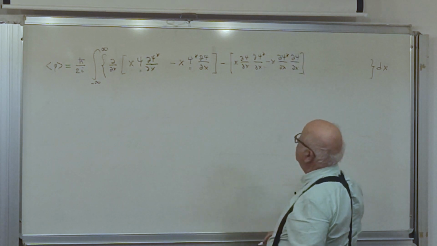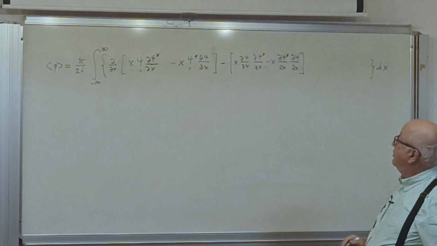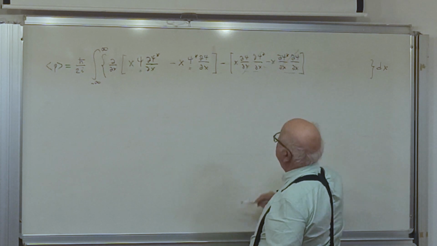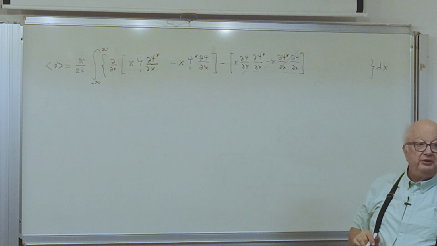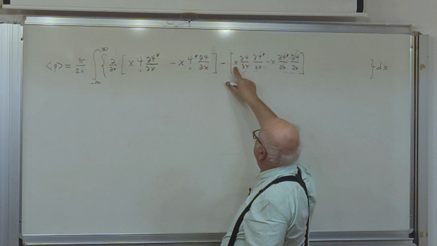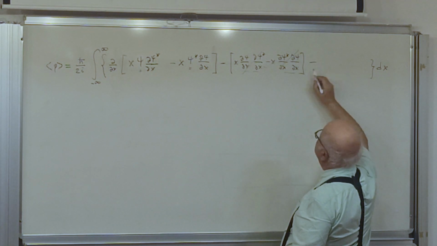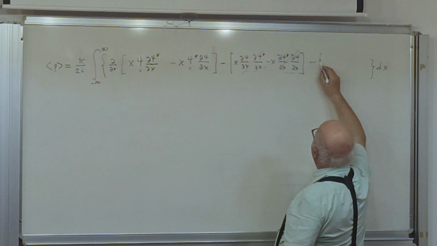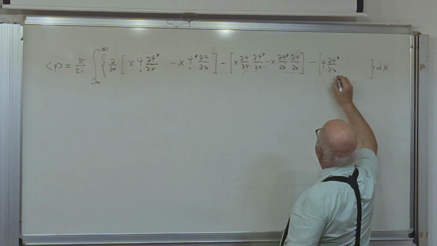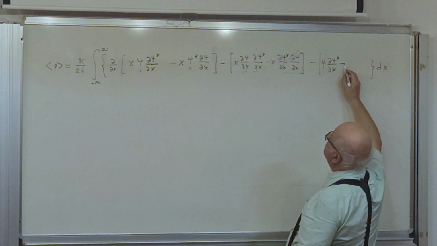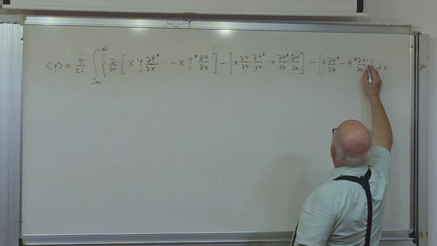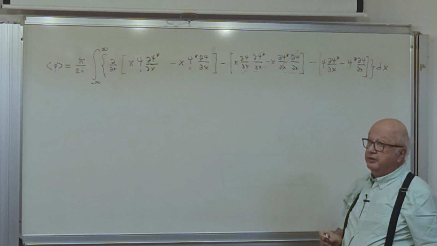I don't want that, but that's nice because this term is equal to that term, so that's 0 anyway, just like the previous case. But I still have one more term here, and that term is the derivative on x, so that's going to give me psi del psi star over del x minus psi star del psi over del x. Now everything is correct.